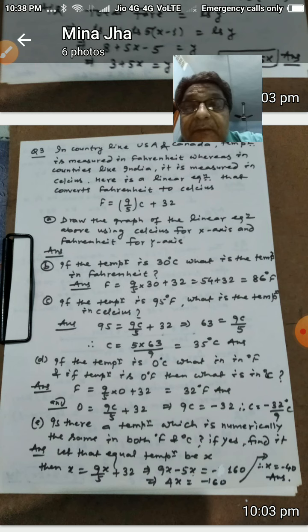Next one is, if the temperature is 95 degrees Fahrenheit, then what is the temperature in Celsius? Again we will write the given equation, and in place of F we put 95 and then simplify, and finally we get 35 degrees Celsius as the answer.